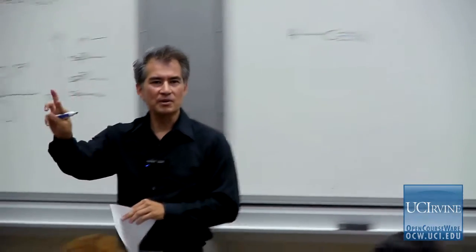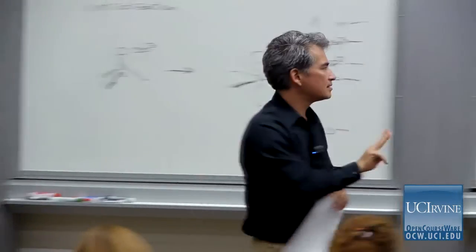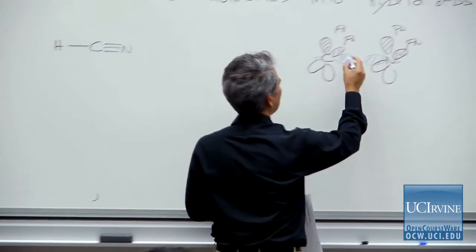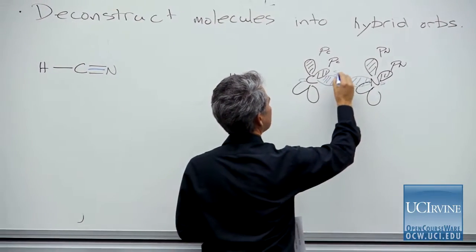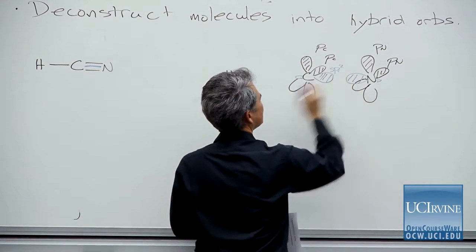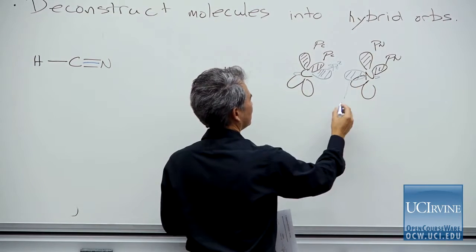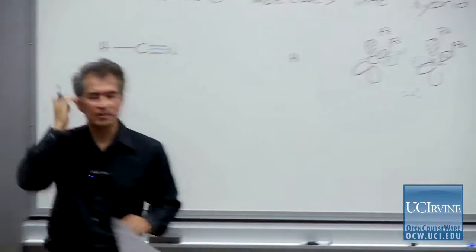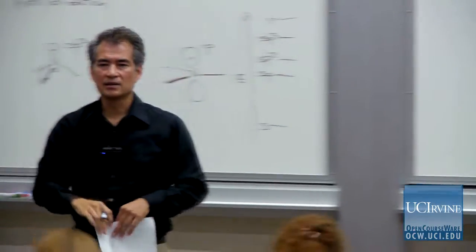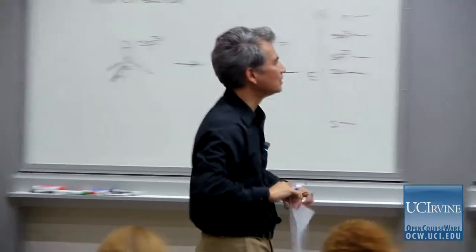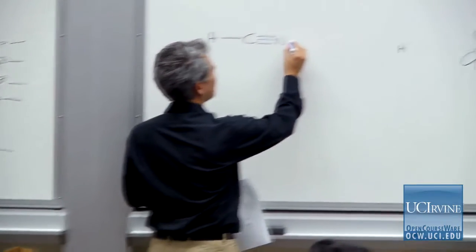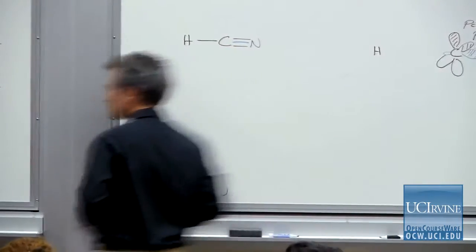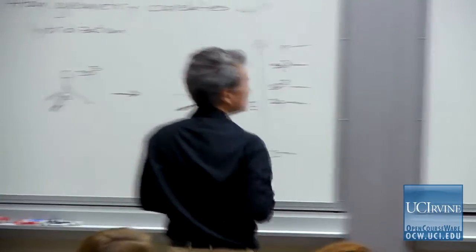Okay, I've got three orbitals now. Let me go ahead and label these. This is my sp2 hybrid atomic orbital. I'll call this sp2, and I'll say that it's on carbon. And then this one here, I'll put a little label line, sp2 on nitrogen. And those two hybrid atomic orbitals get together to make a sigma bond, the blue sigma bond in my Lewis structure. Okay, there's a lone pair in an orbital that's sticking out here. Let me draw that.